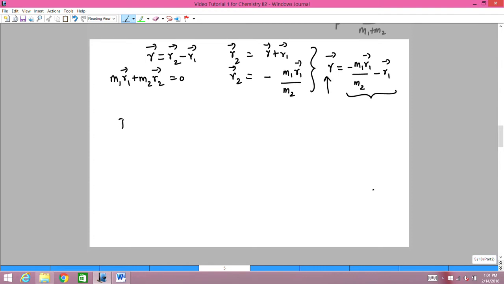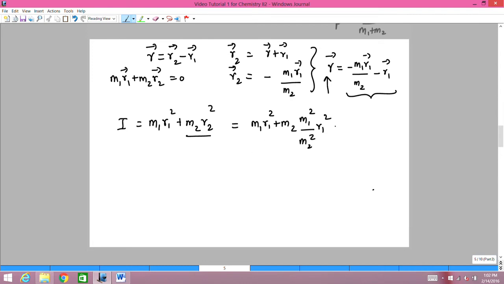Now, I is m1 r1 square plus m2 r2 square. So, let us replace r2 by whatever we have, namely m1 r1 square plus m2 times r2 square, which is m1 square by m2 square times r1 square. These are scalars, therefore, the minus sign goes away.